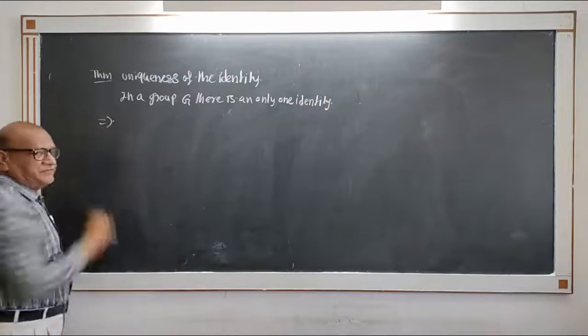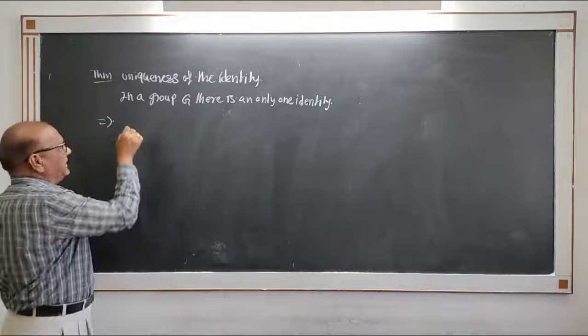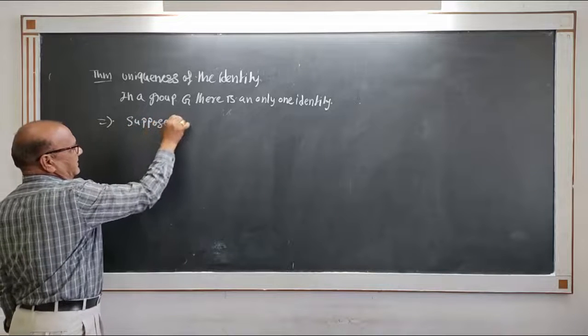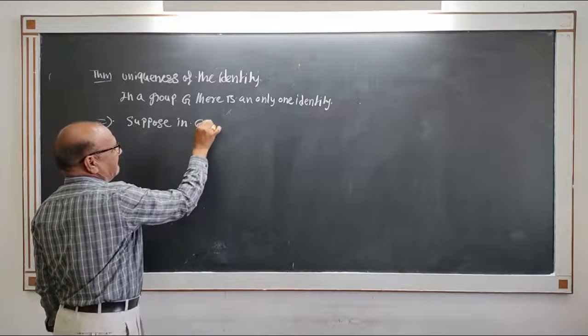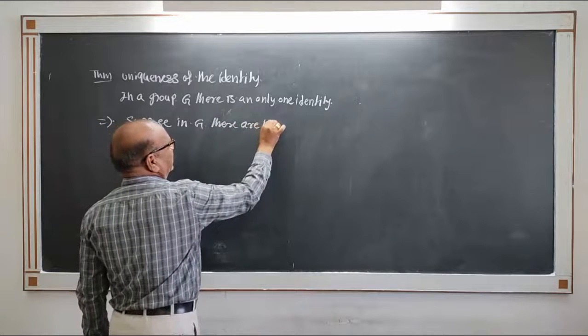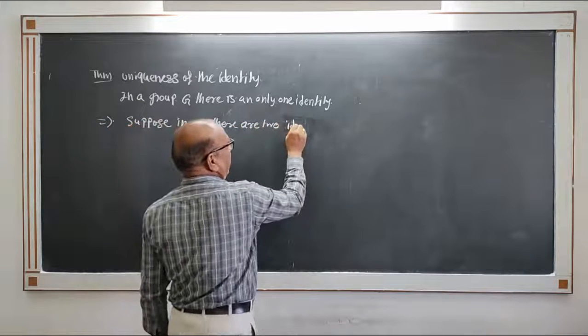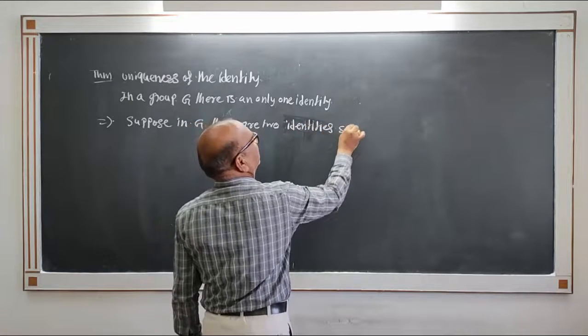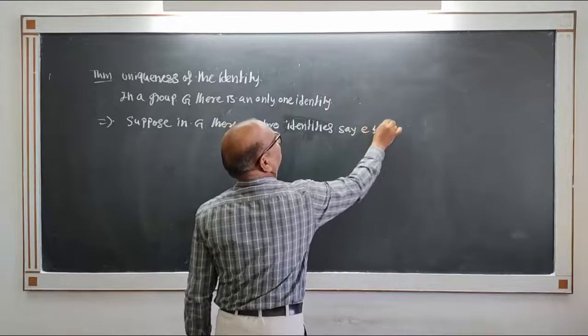Here, suppose in G there are two identities, say E and E dash.